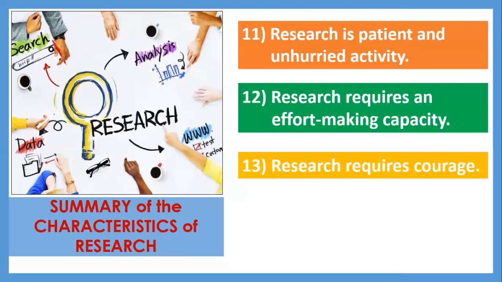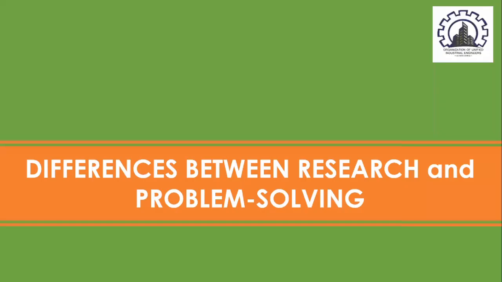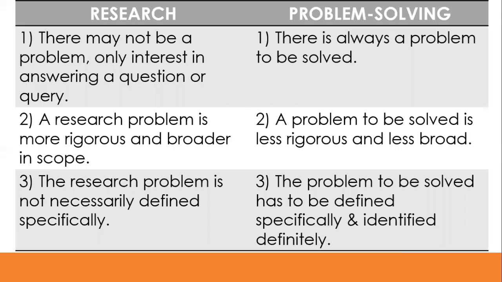Okay, so what are the differences between research and problem solving then? Well, the researcher must be able to distinguish between research and problem solving. Why so? Because his supposed research problem may only be good for problem solving. And the differences between the two are summarized as follows.